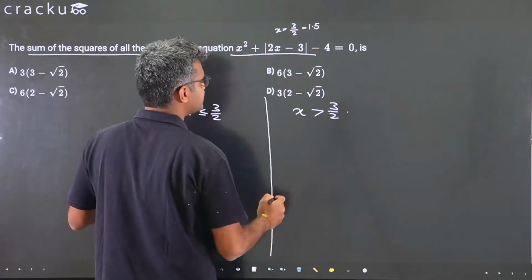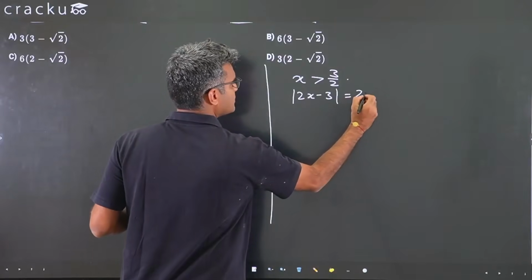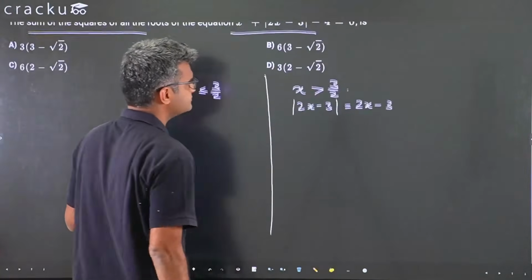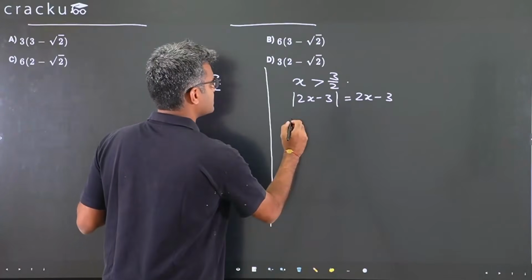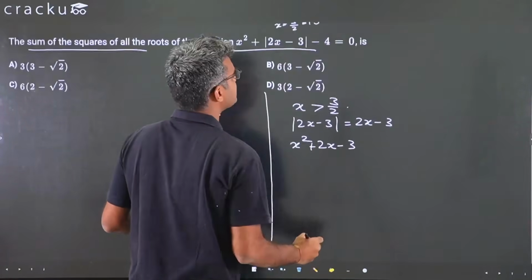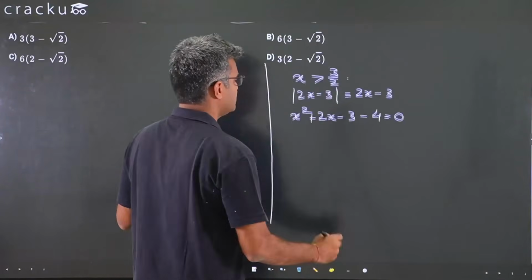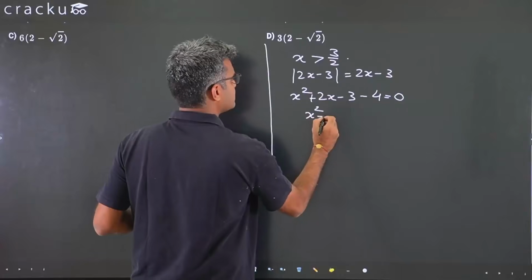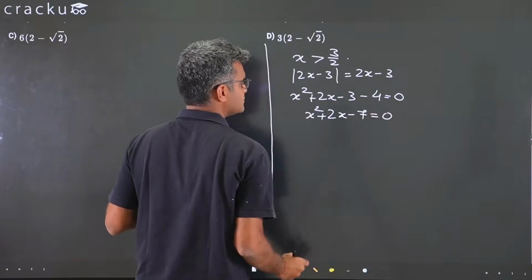If x is greater than 3 by 2, modulus of 2x minus 3 is equal to 2x minus 3. So this equation becomes x square plus 2x minus 3 minus 4 is equal to 0. This is x square plus 2x minus 7 is equal to 0.